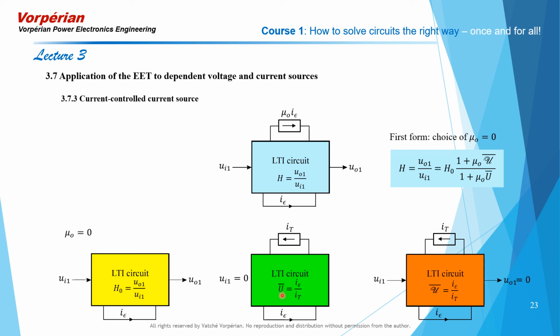With U bar, U script bar, and H0 computed, we substitute these in the extra element theorem and we get our full transfer function. Each of these calculations is simpler than the full calculation of this circuit, which involves the presence of the dependent source there.